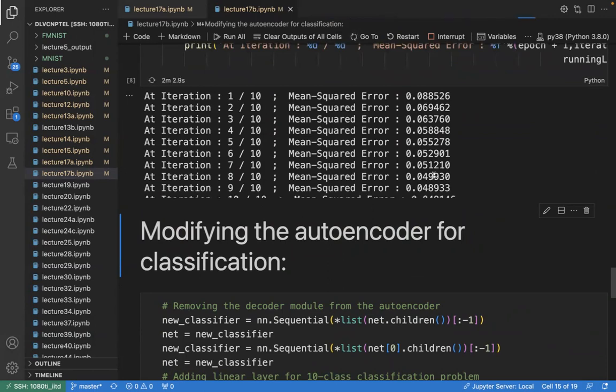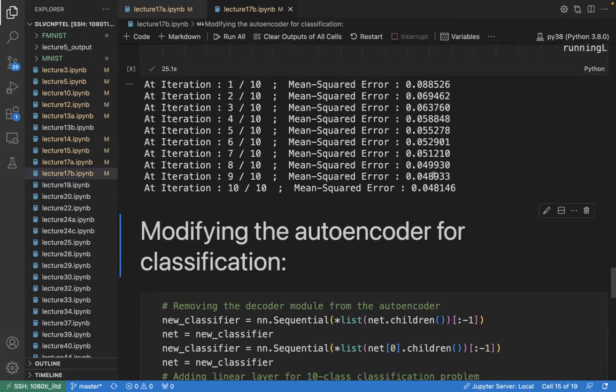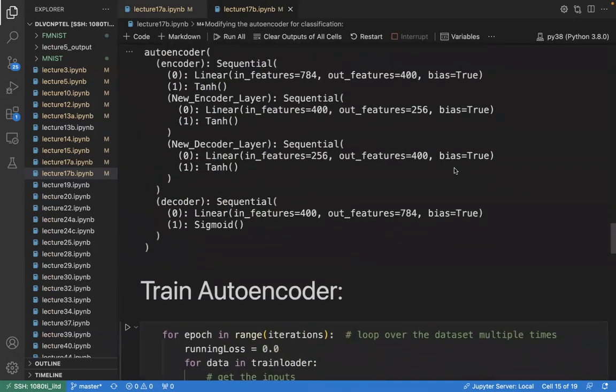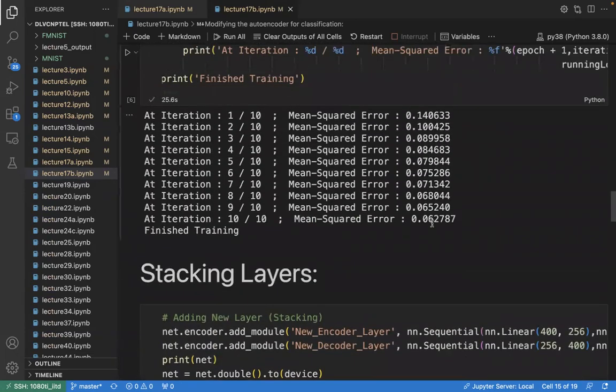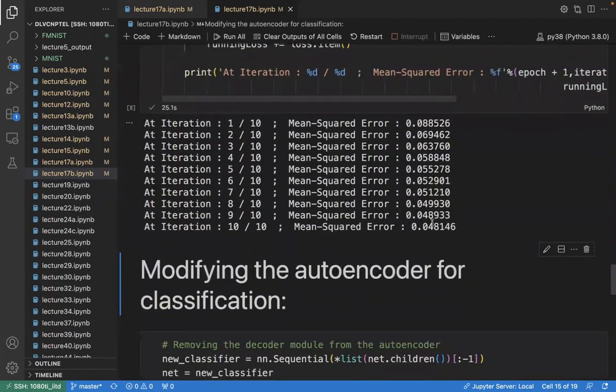Yes, we can see that the error we have reached now is 0.04 instead of 0.06, which we reached with the normal autoencoder.